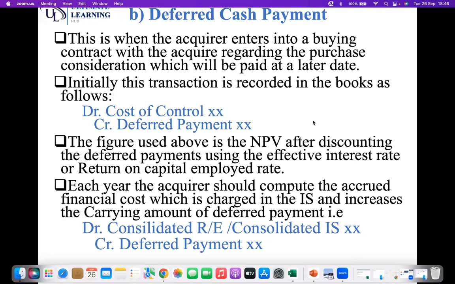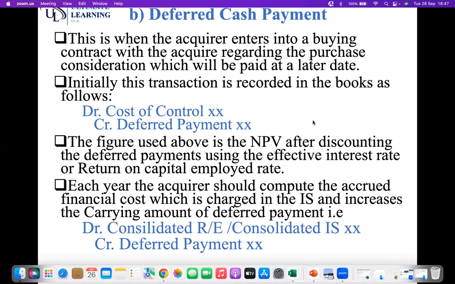Now, because of a liability, think of a loan maybe. An example of a liability is a loan. There is always an interest that is charged on the loan. Same to this case. Whenever there is deferred cash payment, it gives rise to what we call accrued finance costs.